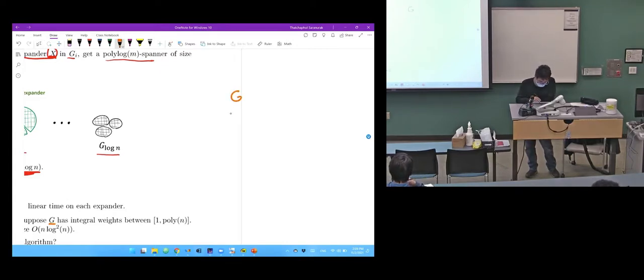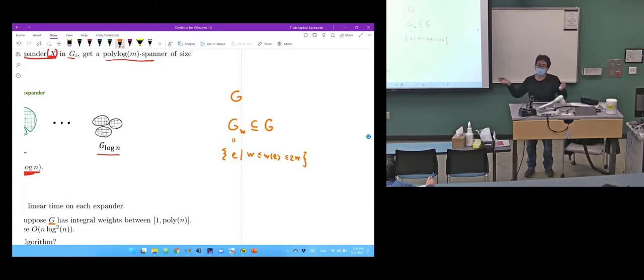Let's define G_W, which is a subgraph of G, to contain all of the edges such that the weight is between W and 2W.